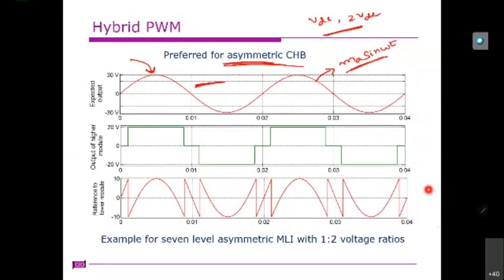For example, one H bridge is operating with VDC and another H bridge is operating with 2 VDC. The higher one, the 2 VDC one, we will operate at the fundamental frequency. Like this.